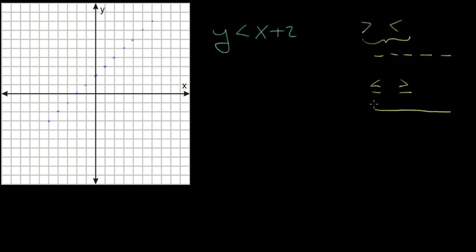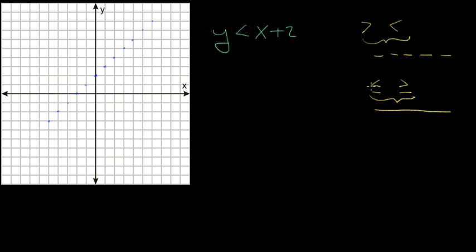You say, well, why would that be? Well, this says y is less than x plus 2. What that means is I'm looking for values below x plus 2, and this line, y equals x plus 2, is not included in my solution set. The points on that line do not solve this inequality. And so we use a dashed line to indicate that we're not talking about the points on that line.